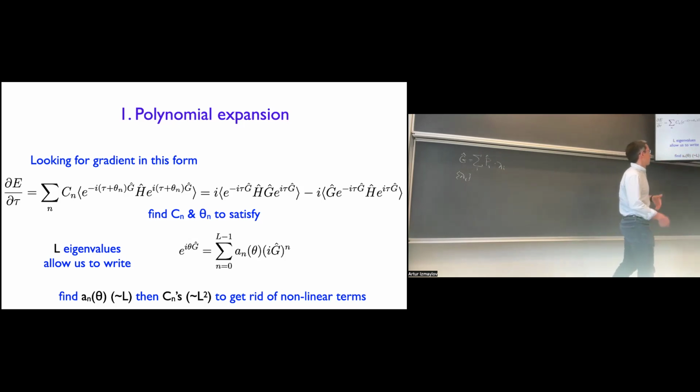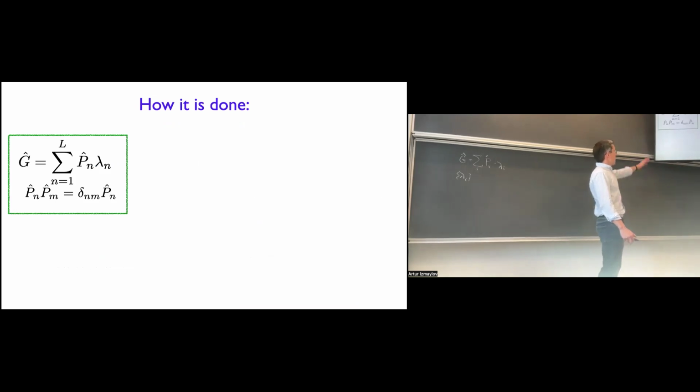The question is, how do you really find this expansion in some straightforward way? Then, once the expansion is found, we need to find the coefficients that essentially remove the higher powers of G, so that only linear G is left, right? So that's the second step. All right, how is it done?